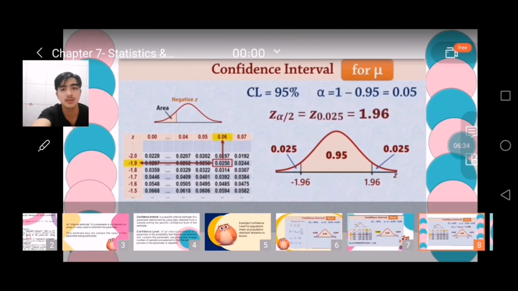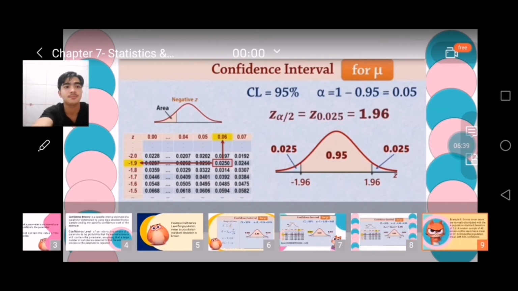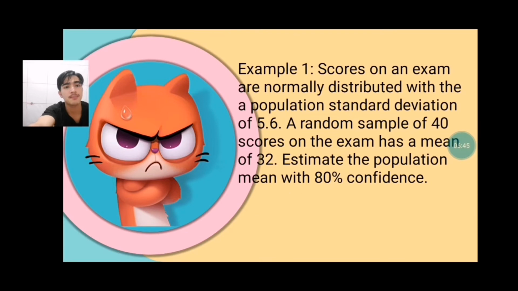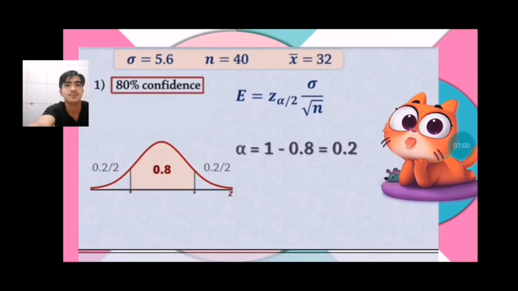So for us to understand deeper, let us have an example. Example 1. Scores on an exam are normally distributed with a population standard deviation of 5.6. A random sample of 40 scores on the exam has a mean of 32. Estimate the population mean with 80% confidence.